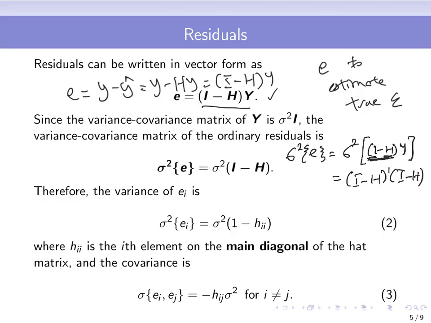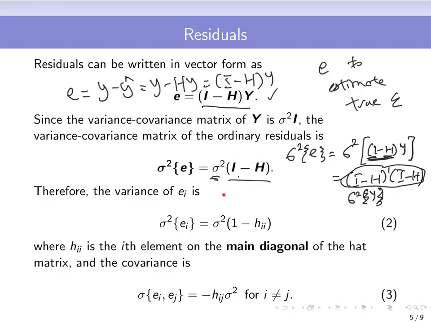The variance of the y variable is sigma square. The other thing is that this matrix I minus H is idempotent, so I minus H times I minus H is equal to I minus H. That's the derivation of the variance covariance matrix of your residuals.